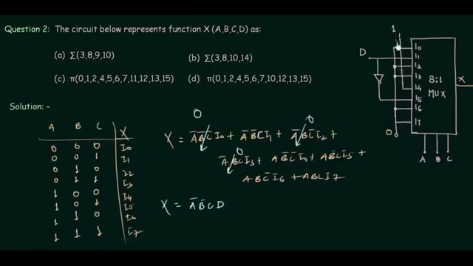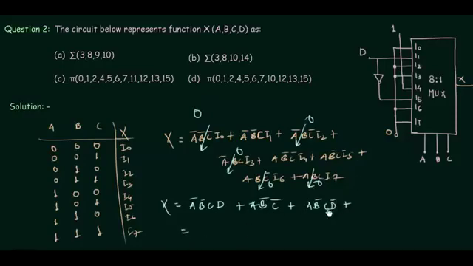I4 is 1, so I will write A B complement C complement, or I5 is D complement, so A B complement C D complement, or I6 is 0 and I7 is 0, so the last two min terms are also 0.